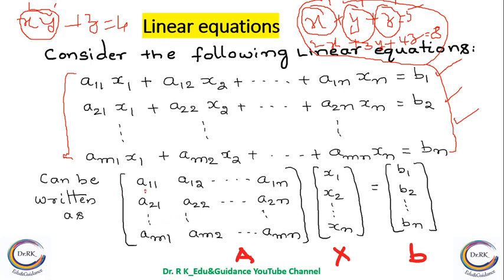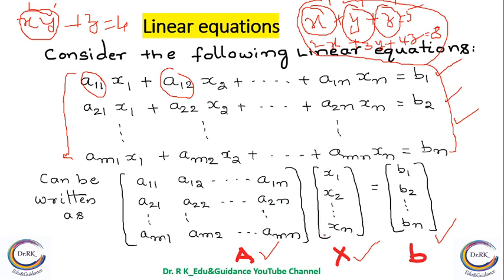First, we write the system of equations in matrix form as Ax equal to B. It is very simple. A is nothing but all the coefficients, like a11, a12, like 2x plus 3y plus 4z. All the coefficients are in this matrix, which is called the coefficient matrix.